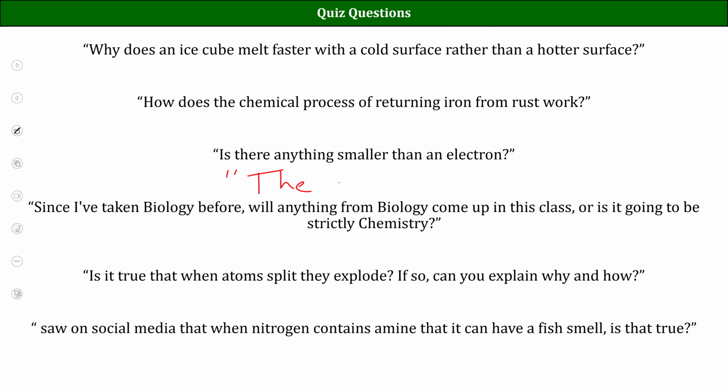You just look up the Standard Model. That's the current understanding of how forces and particles in our universe work. I believe electrons are what they call a fundamental particle, meaning that you can't break down an electron into anything smaller. That doesn't mean there's not smaller things out there, just that an electron is not made of smaller things.